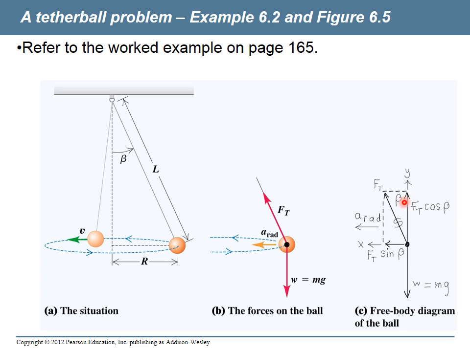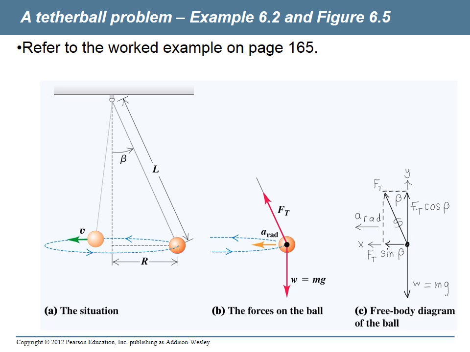So we say that the tension force times the cosine of beta is equal to the weight, right? So if we're given a mass of the ball and we're given a beta, we can find out what the tension force is. And then with the tension force found, I can find the force that is accelerating it towards the center, right?